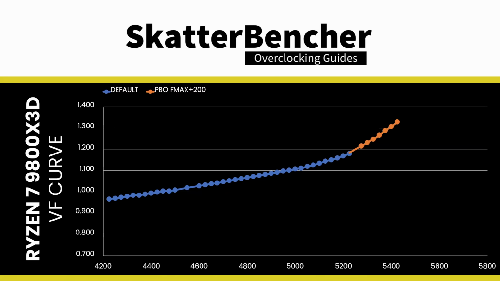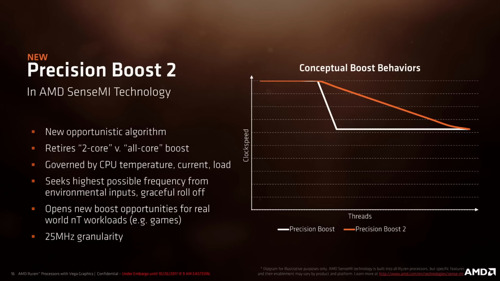So, with an Fmax of +200 MHz, we have a new maximum frequency of 5450 MHz. It's important to note that the Fmax override only adjusts the upper ceiling of the frequency and doesn't act as a frequency offset. Ultimately, it's the Precision Boost 2 boosting algorithm that still determines the actual operating frequency.